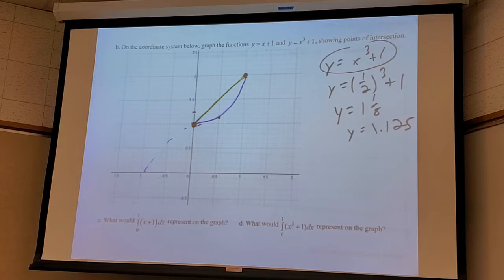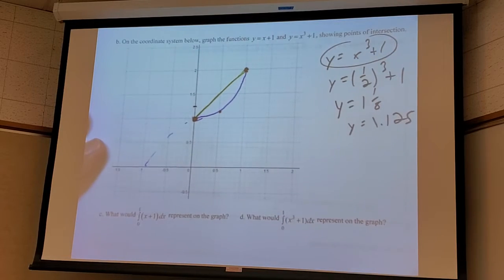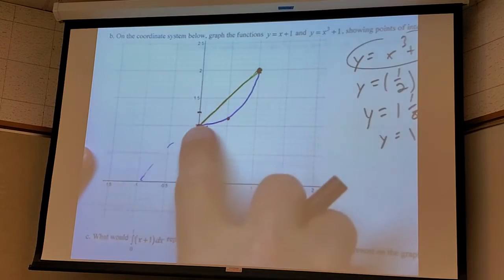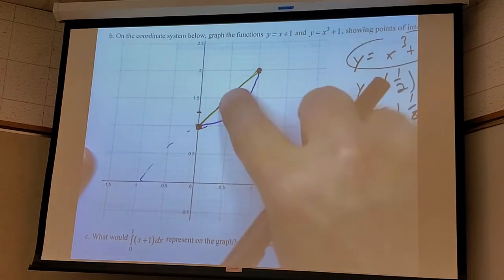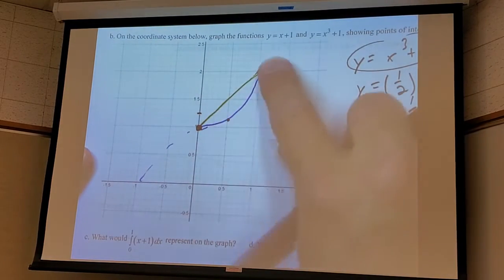So what's part C? What would the integral from 0 to 1 of x plus 1 dx represent? What would that tell me physically? Which line does it refer to? The area under the line of x plus 1. Yes, it would represent the area from 0 up to the green line, so it would be this big trapezoid.